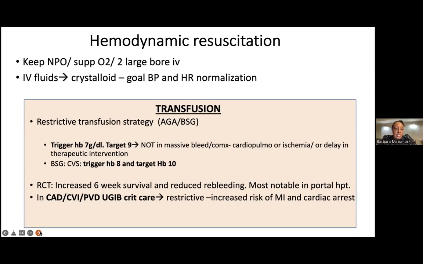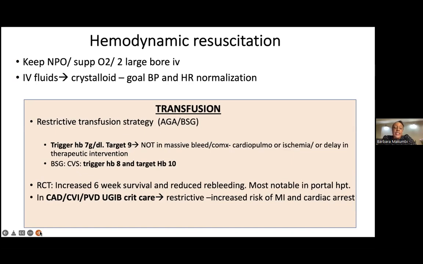So if a patient doesn't have any cardiovascular pulmonary risk factors, and the patient doesn't have a massive bleed, the trigger for transfusing them is a hemoglobin of 7 and aiming for a target of 9. If the patient has those risk factors that I've mentioned, the trigger for transfusing is an HB of 8 with a target of 10.